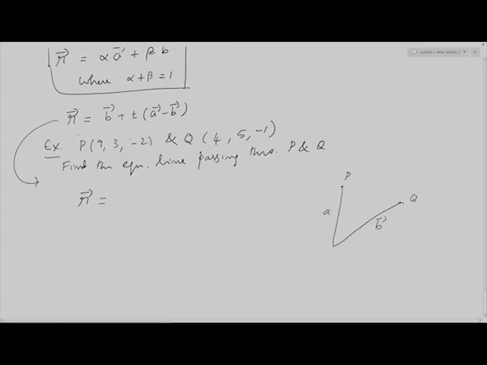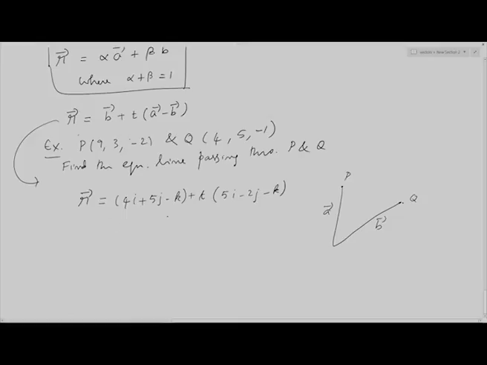So, this is B, this is A. So the vector B, that is 4i plus 5j minus k, plus t times the vector A minus B, which is 5i minus 2j minus k.